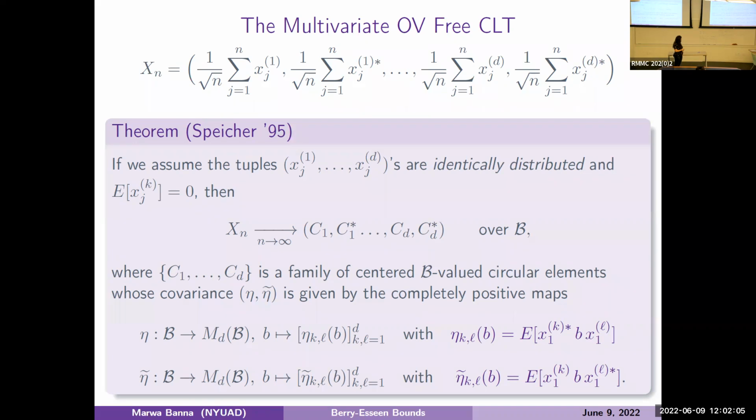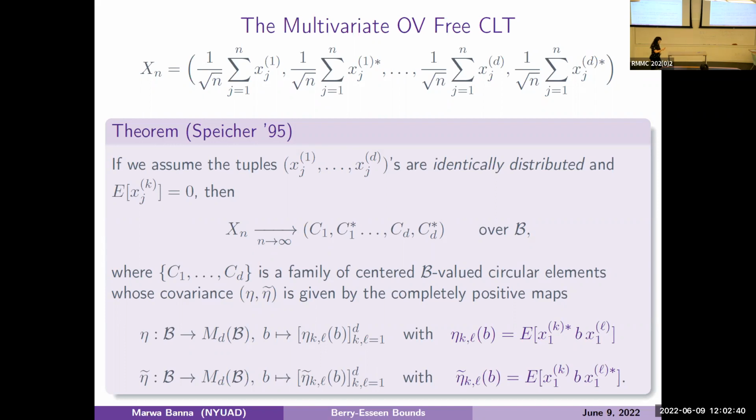Notice that the variance is given by two maps, eta and eta tilde, that distinguish the order because we're no longer in the tracial setting. Here the map is from B to Md of B because we have correlations. We have tuples of B elements and we have to consider their correlations, so the kl-th matrix entry will give us the correlations between Xik and Xil, and similarly for eta tilde.